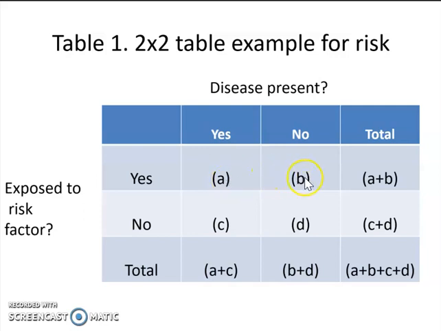We have letter B, yes for exposed to risk factor and no for disease present. We have C, no to exposed to risk factor and yes to disease present. And D, no to exposed to risk factor and no to disease present.